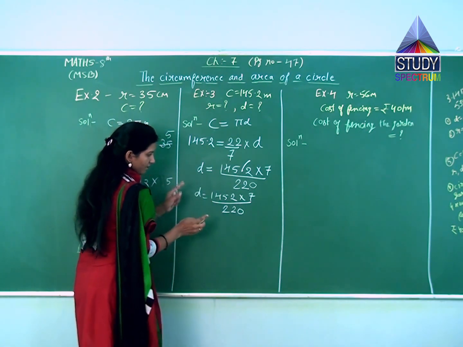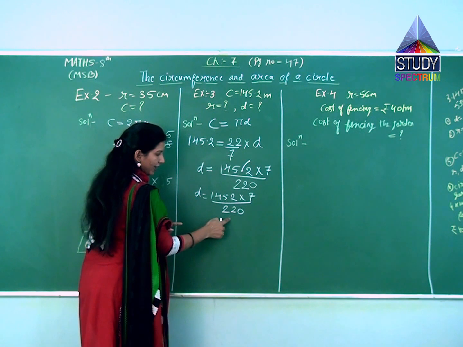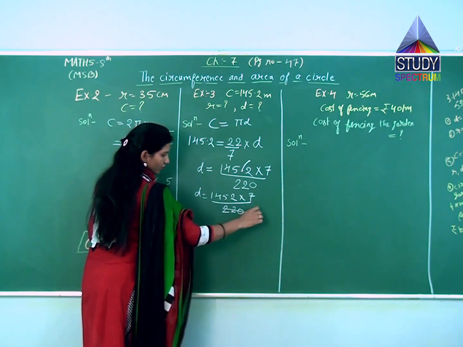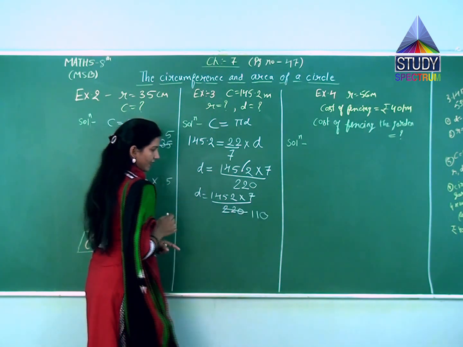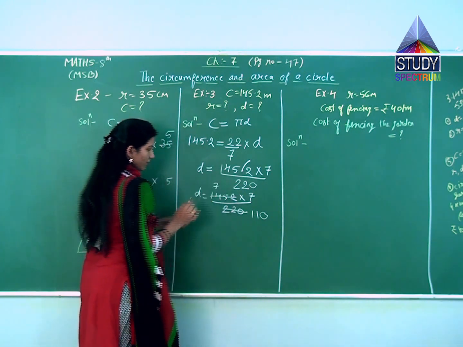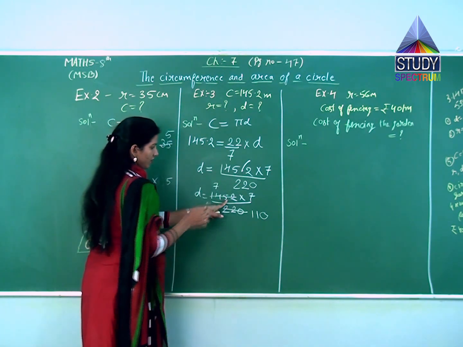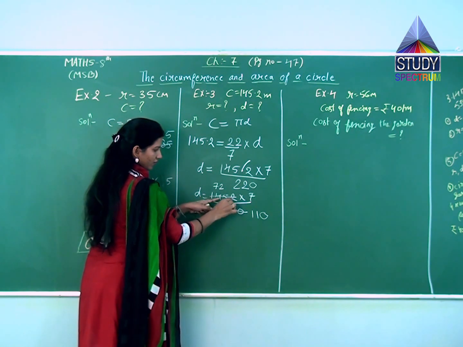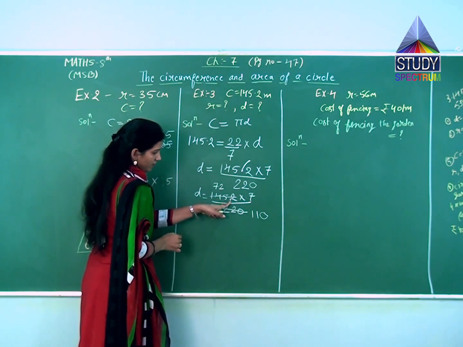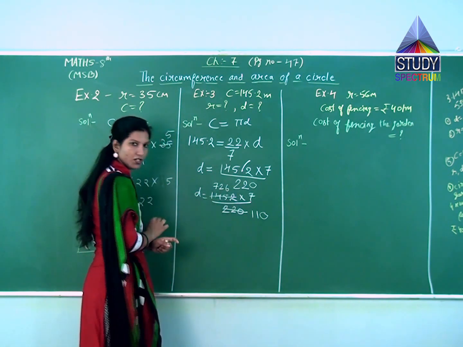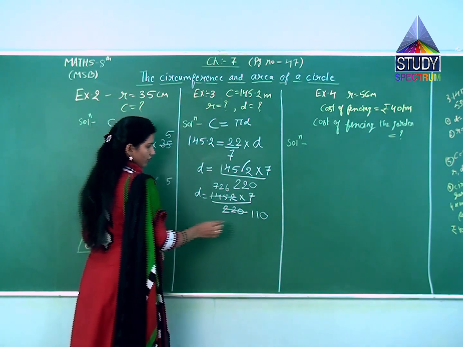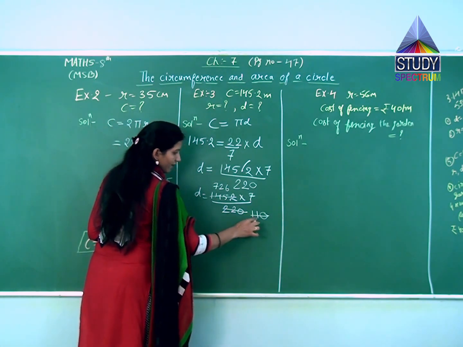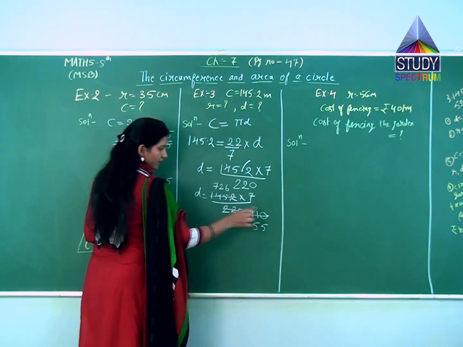At first we will divide both these by 2. 2 ones are 2, 2 ones are 2, and 0 as it is. Here 2 sevens are 14, 2 twos are 4, 1 is remainder, and 2 sixes are 12. Now again by 2, 2 fives are 10, and 2 fives are 10.